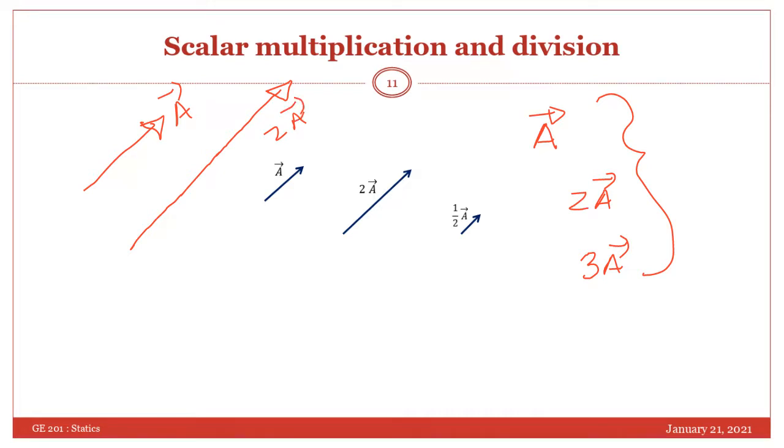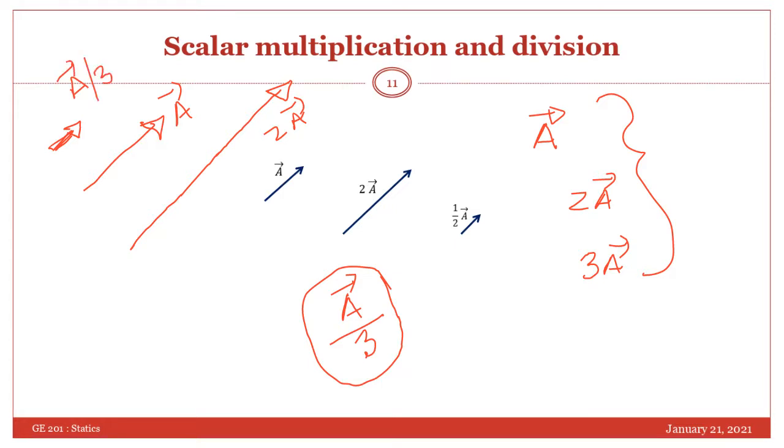The same principle applies to division. If you divide by 3, the result has the same direction as vector A, but its magnitude is 1/3 of vector A. Graphically, it may look like this: the same direction as vector A, but 1/3 of the magnitude.